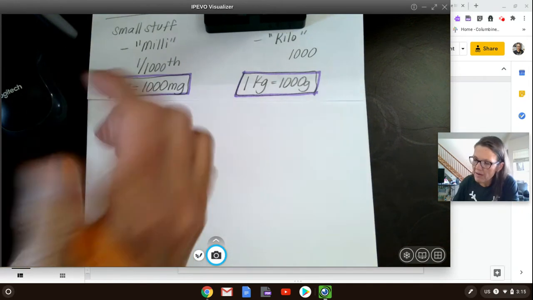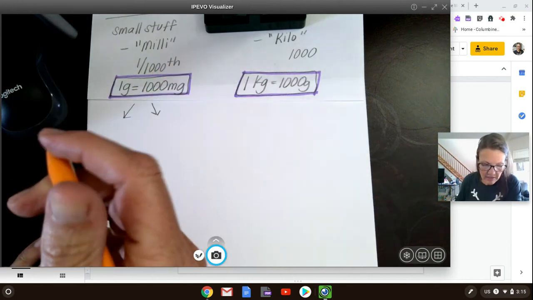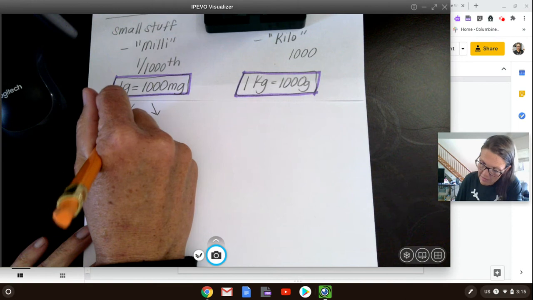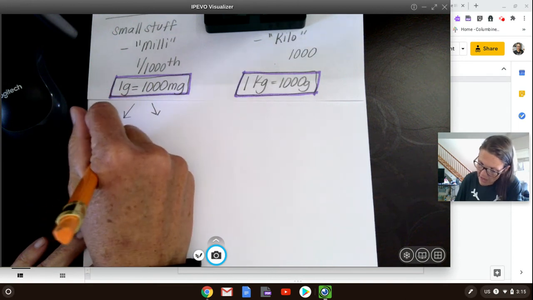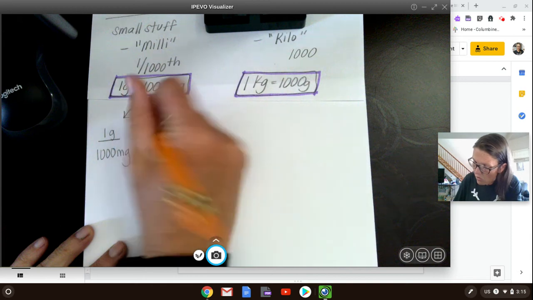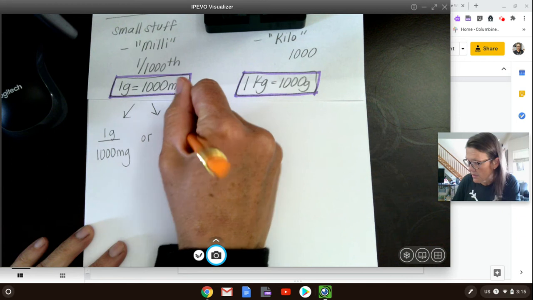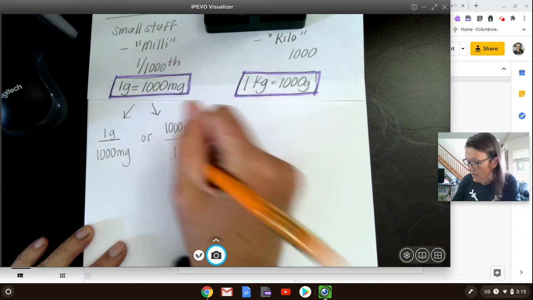So 1 gram is equal to 1,000 milligrams can be written either as a fraction with 1 gram on the top and 1,000 milligrams on the bottom, or you can flip it over and you can put 1,000 milligrams on the top and 1 gram on the bottom.